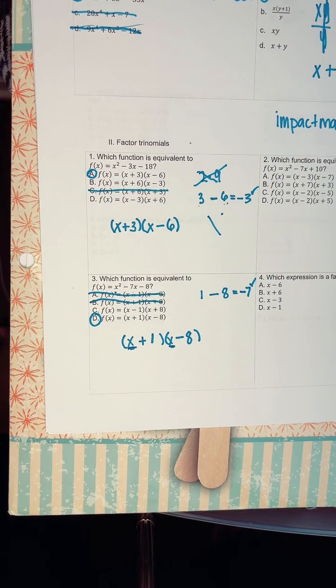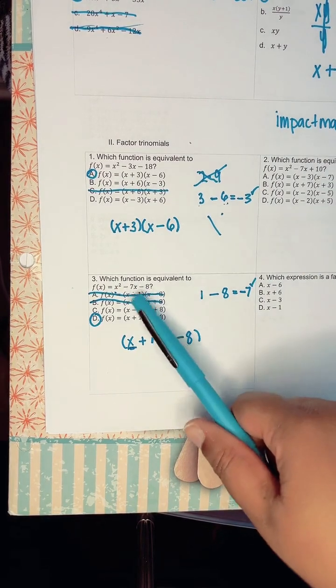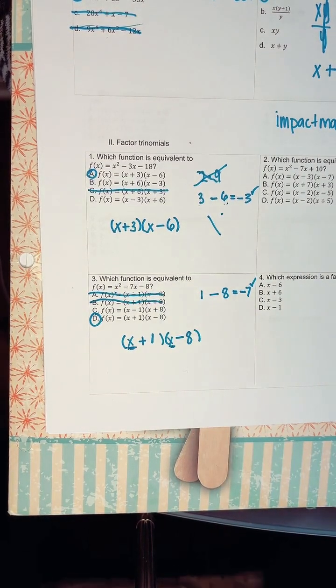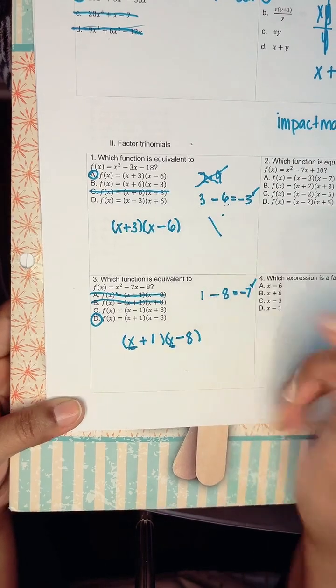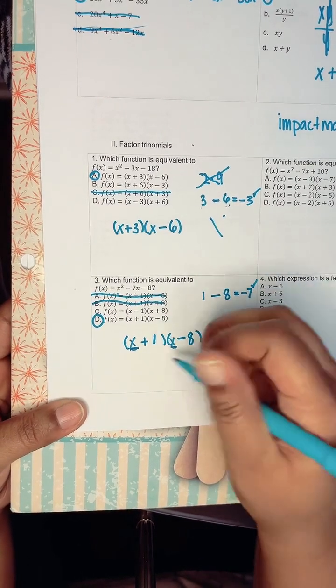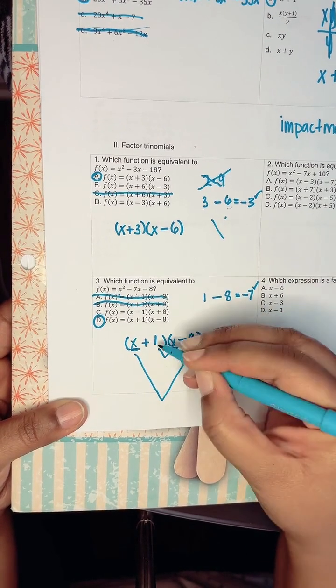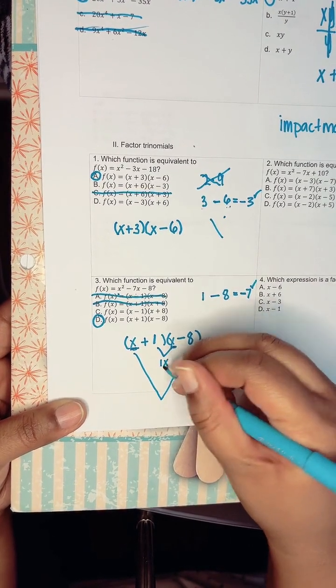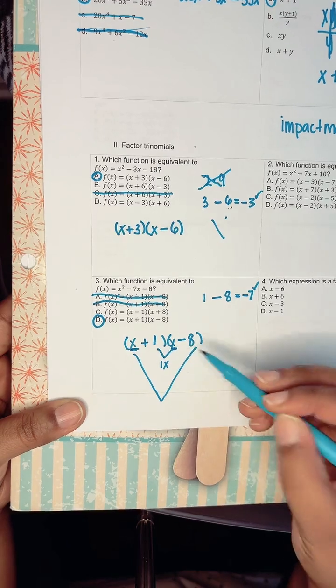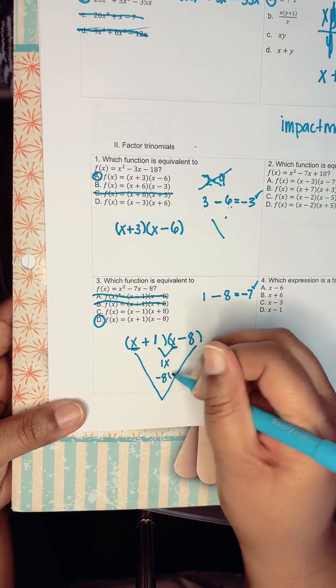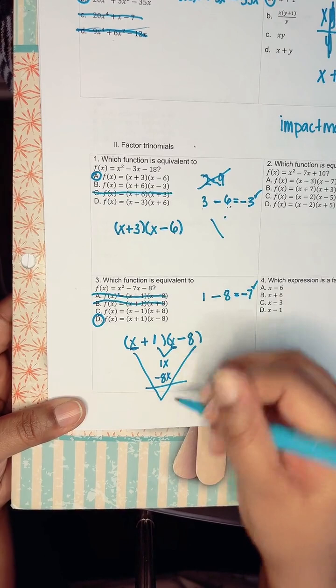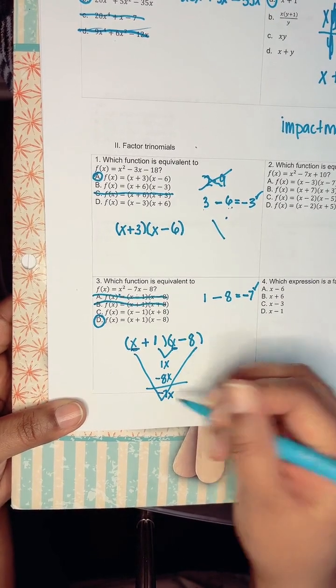Are you saying how do we get the middle x? If you're saying that, you can always check it, which we're doing here. We're just not putting x's on it. But inner, outer. So 1 times x gives us 1x. X times negative 8 gives us negative 8x. When we combine those, we get that negative 7x.